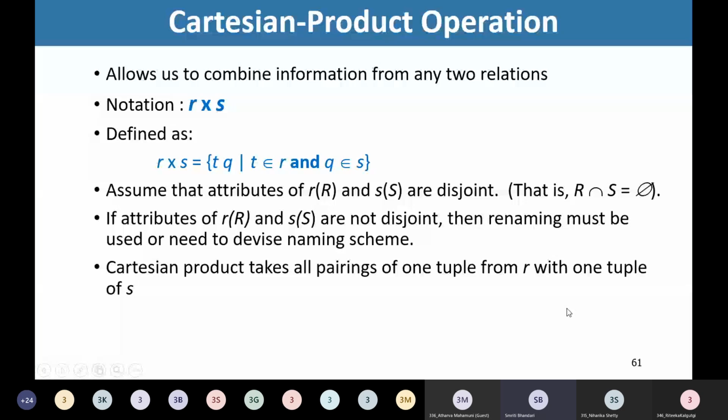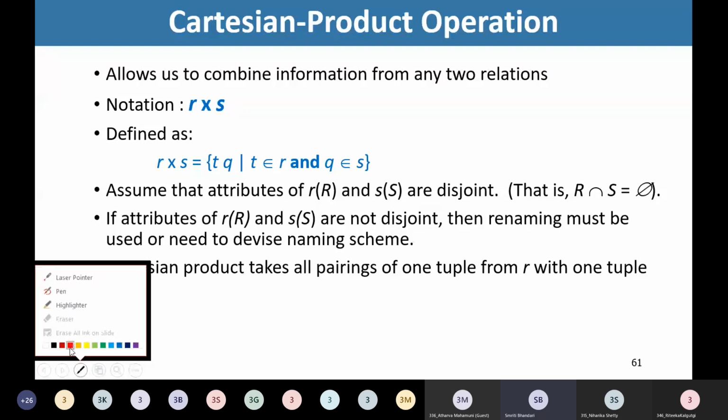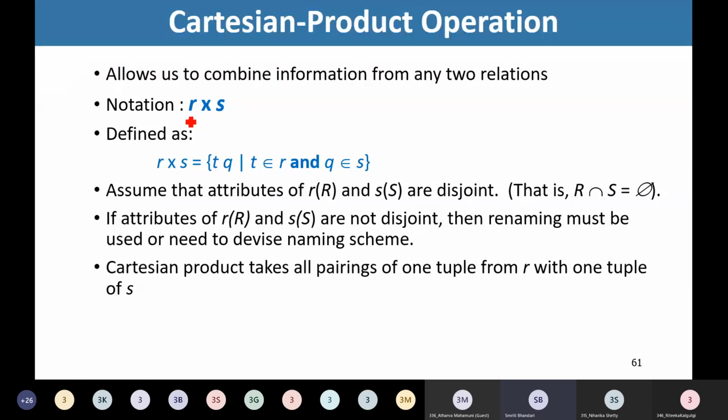We have gone through the definition of Cartesian product in the last session. Cartesian product is a binary operation, so it requires two operands. We have here two relations R and S, and we are finding out the Cartesian product of the two relations.